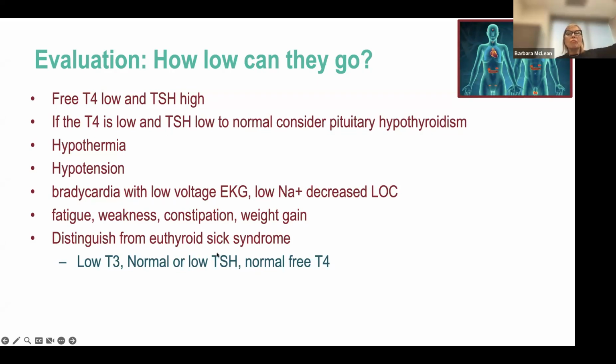So when you see that T4 is low and TSH is low, by the way, you cannot just accept those labs. You've got to ask your colleagues for a free T3 and a reverse T3. Because T4 and TSH, both being low, can either be central pituitary hypothyroidism, problem at the pituitary gland, which can happen when patients are septic, or it could be euthyroid sick syndrome.